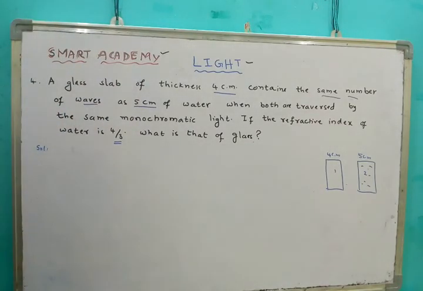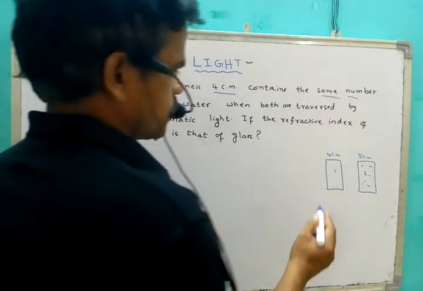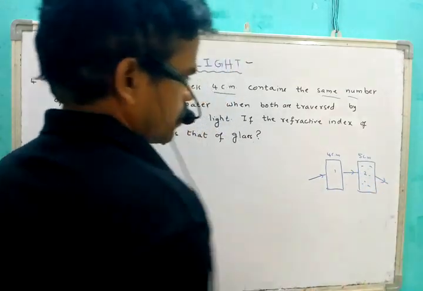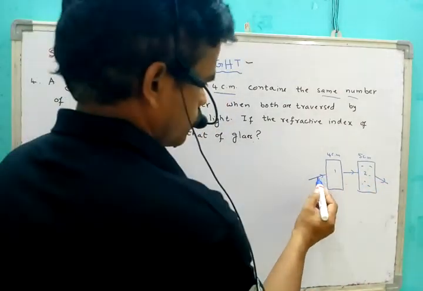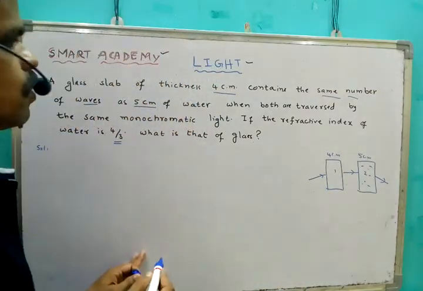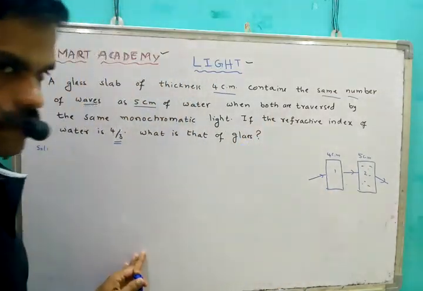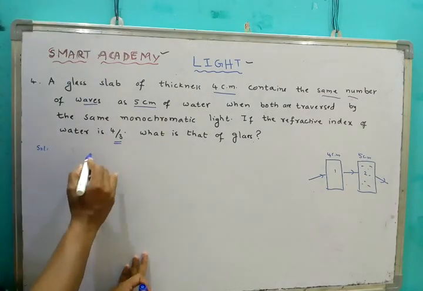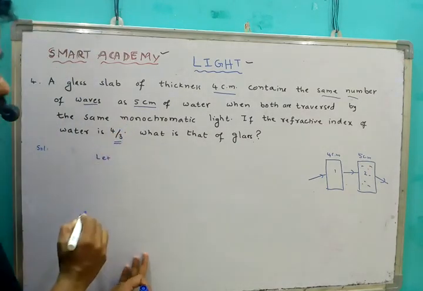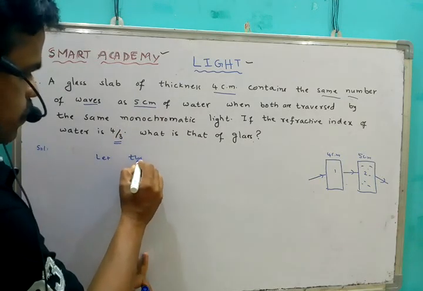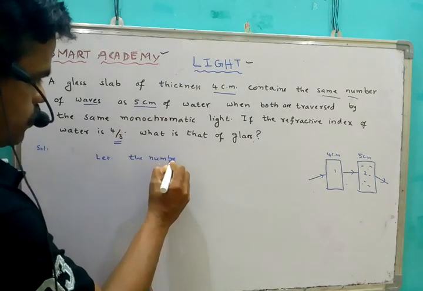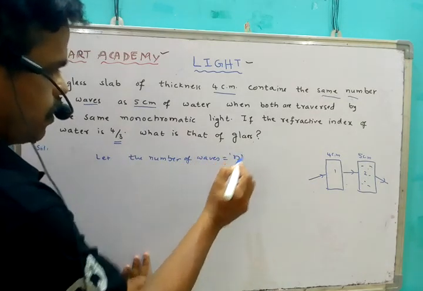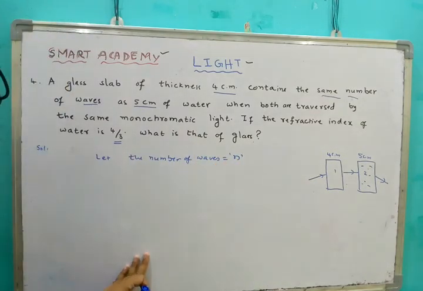When both are traversed by monochromatic light, we don't know how many waves are traversed in both these mediums. So that's why I will let the number of waves be equal to n.